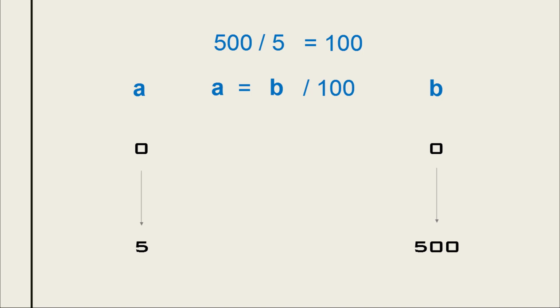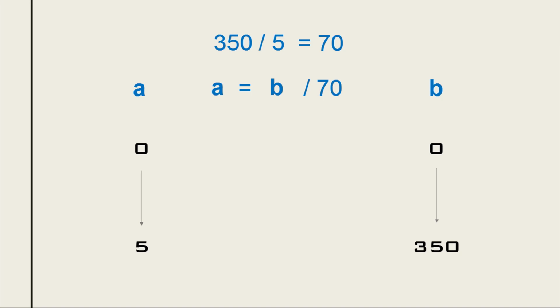If we change this, let's say the range now that we want to work with is from 0 to 350, the same thing will happen. 350 divided by 5 equals 70. Our formula will be that A equals B divided by 70.